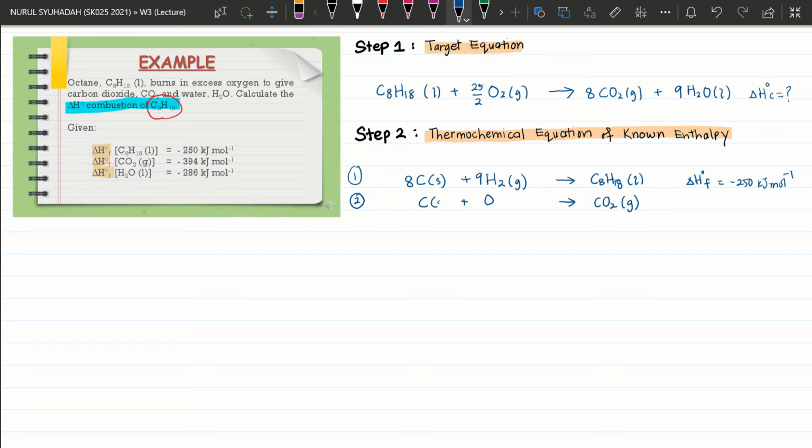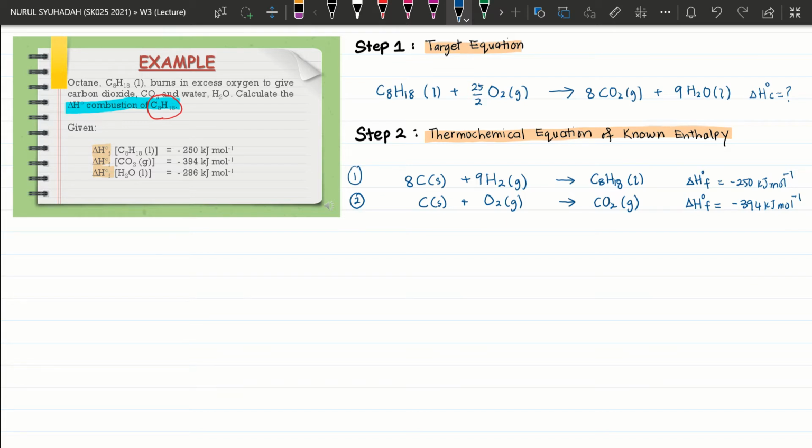So solid carbon, O2 gas. Then make sure that it is balanced, so 1 carbon and 2 oxygen. Complete the thermochemical equation with the enthalpy information, negative 394 kilojoule per mole. So that's the second one.